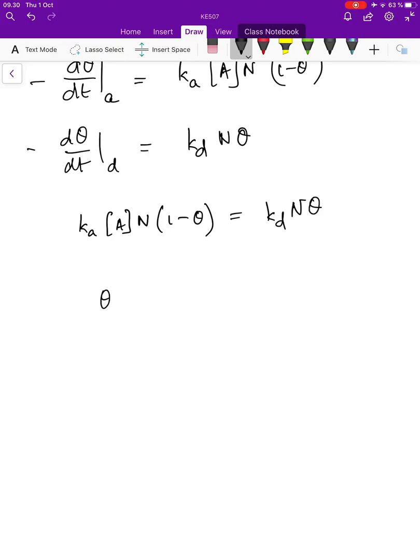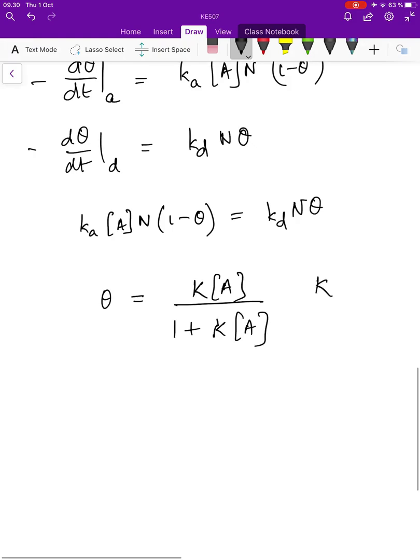If we rearrange this equation, we can write the fraction of adsorbed sites, theta, as K multiplied by the concentration of A divided by 1 plus K multiplied by the concentration of A, where K is some kind of equilibrium constant. It is the ratio between the two rate constants.